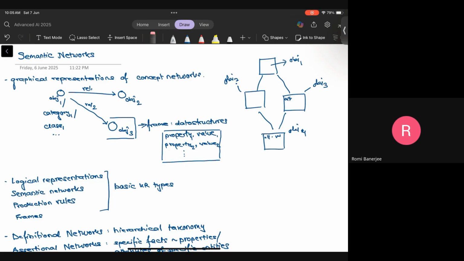Given certain input, the frames of that semantic network get activated. So frames are like instantiations of objects within a semantic network. When you are trying to design a semantic network for your use case or problem, a frame is a basic data structure that you can think about.